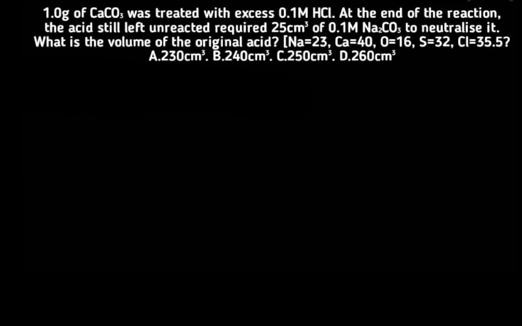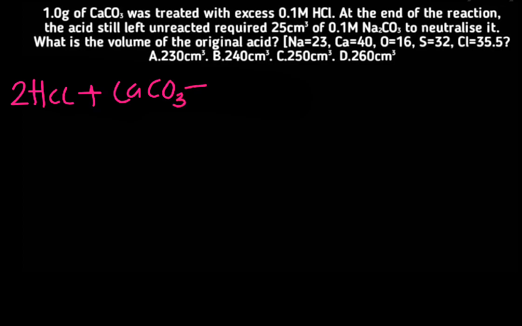So note the first part of the question starts from 1 gram of calcium trioxocarbonate(IV) being treated with excess 0.1 molar concentration of HCl. The first step you take is to balance the chemical equation. That is 2HCl plus calcium trioxocarbonate(IV), CaCO3.